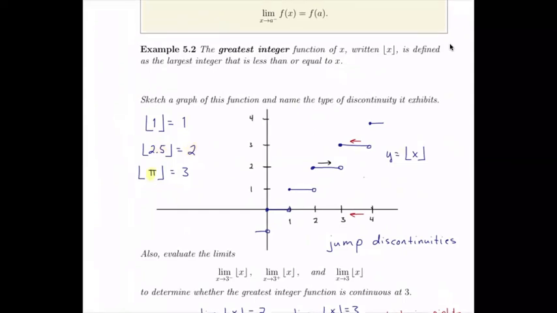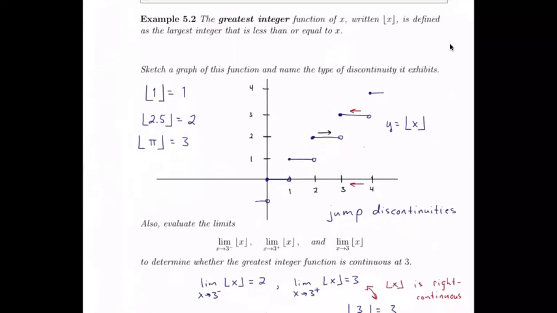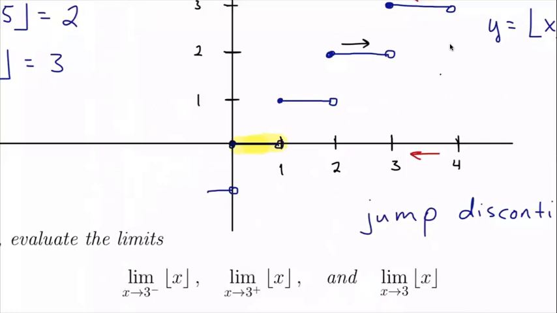Remember that pi is approximately 3.1415, and so on. So the greatest integer that's less than or equal to pi is 3. And so the output is always a whole number. So the graph of this function, interestingly, looks like the following. From 0 to 1, all my x values along this interval are things like 1/2, 3/4, 1/9, 9/10.